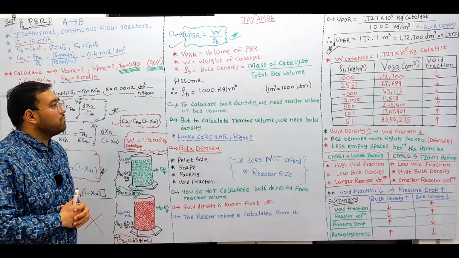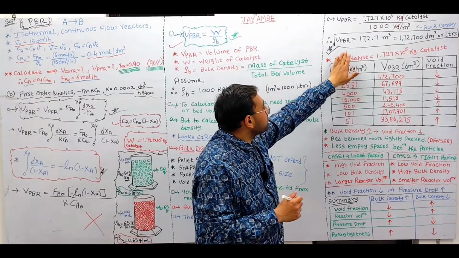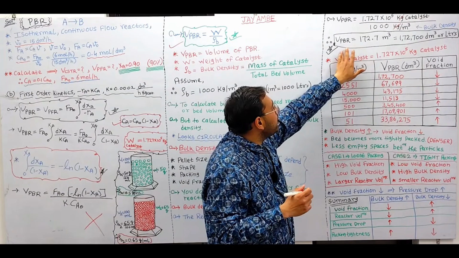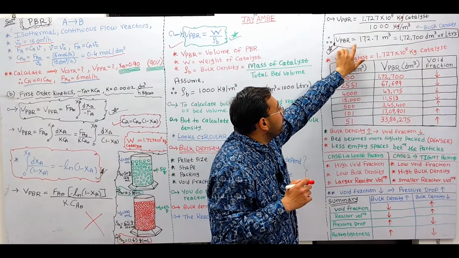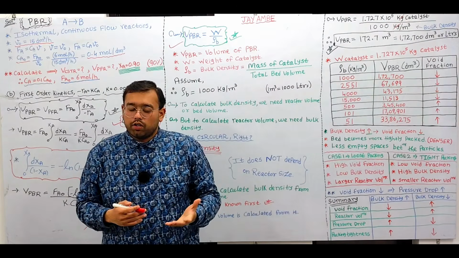I hope you have understood. Here we have calculated and designed the volume of the packed bed reactor, which comes out to be 172,700 cubic decimeter.